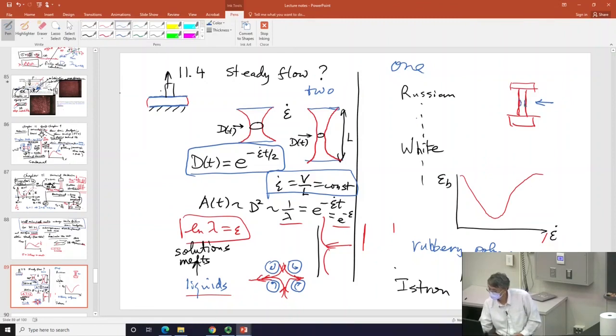Do you think in this world 2 that the sample will also tend to break or not? Yes or no? Similar rate, similar whatever. I see some people say it should.